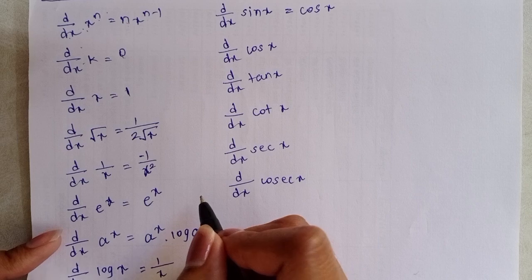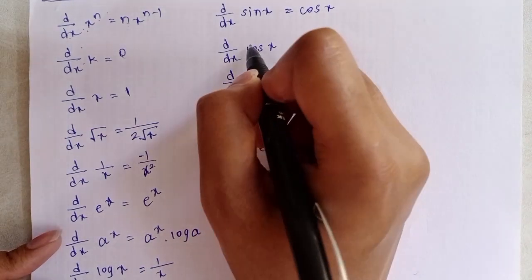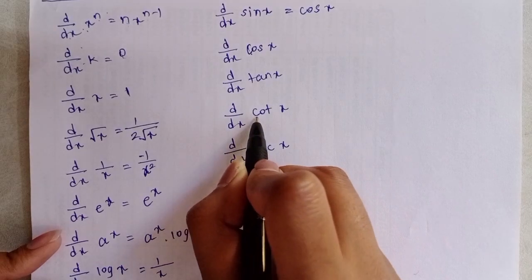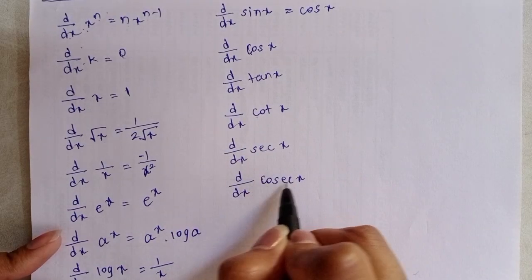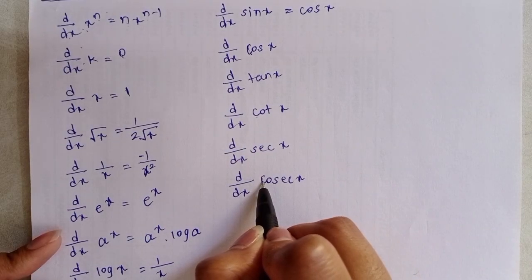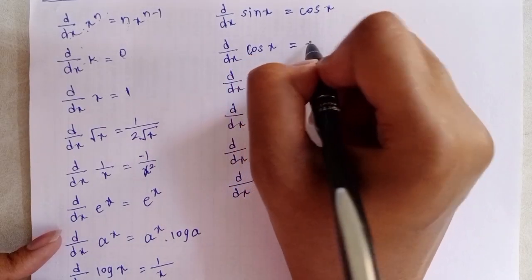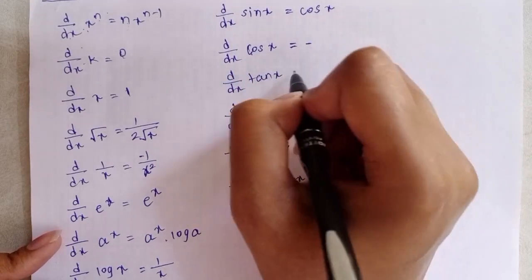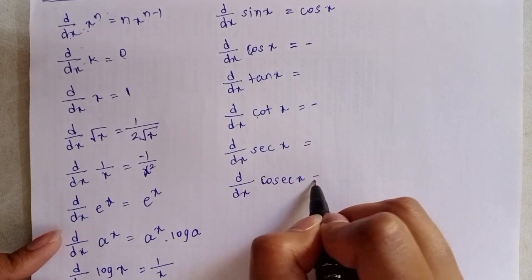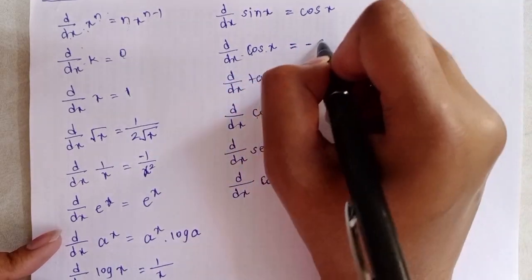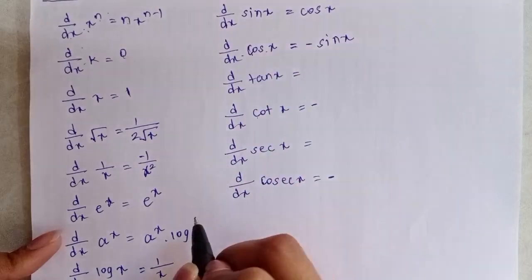Now here, when the functions start with letter C, that is cos, cot, cosec, its answer is negative. So derivative of cos x will be minus sin x.